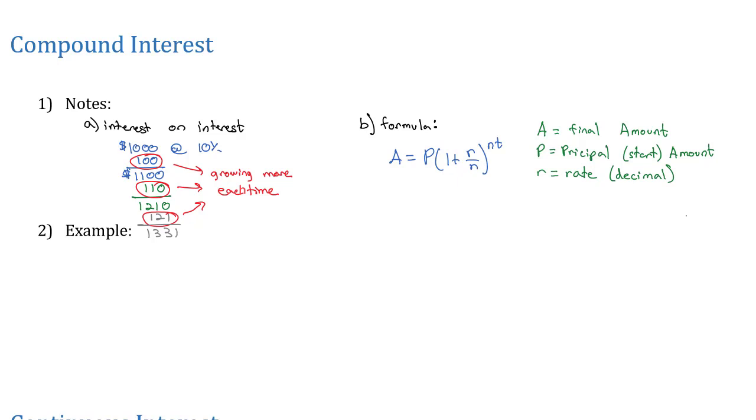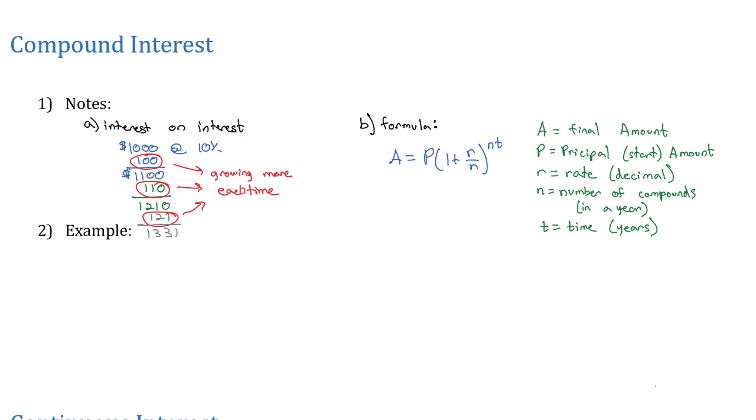So 5% would be written as 0.05. N is the number of compounds in a year. And T represents the time, and time is represented in years.